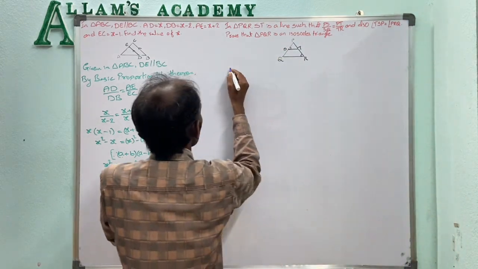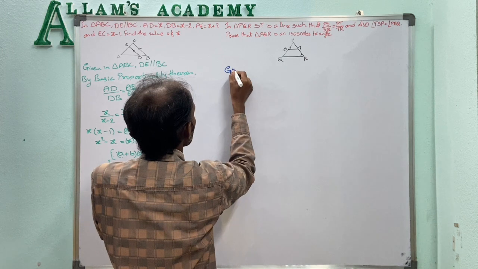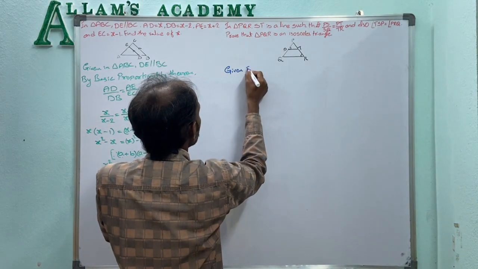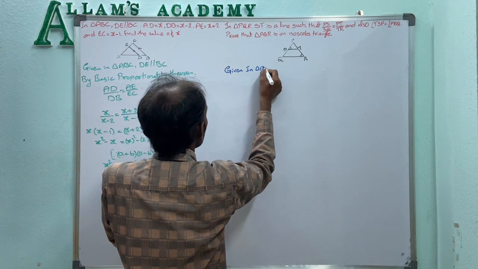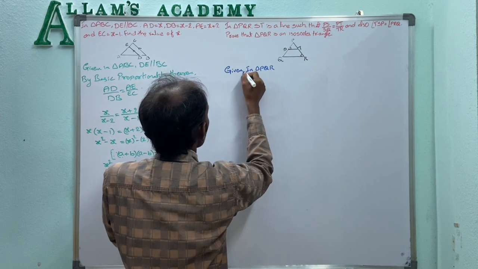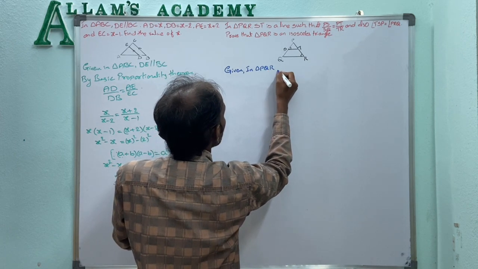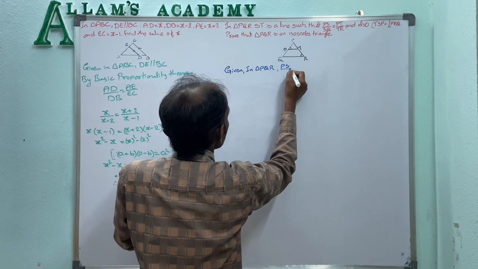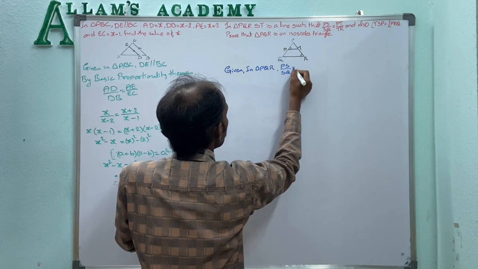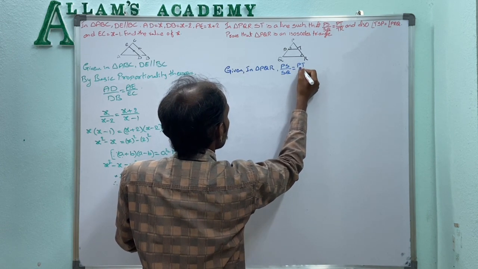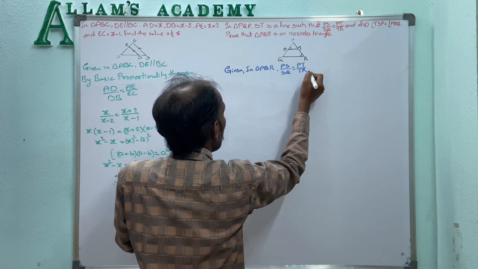So for proving isosceles triangle, we first take what is given. So in triangle PQR, PS by SQ equal to PT by TR.